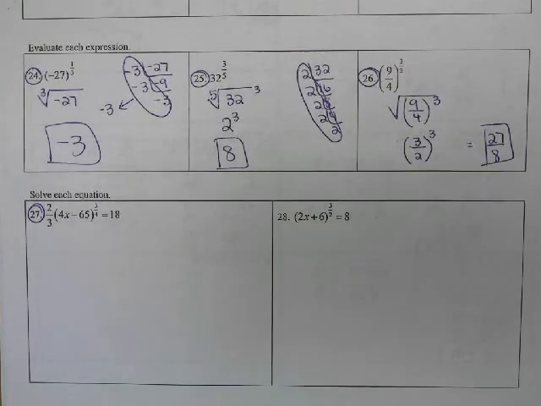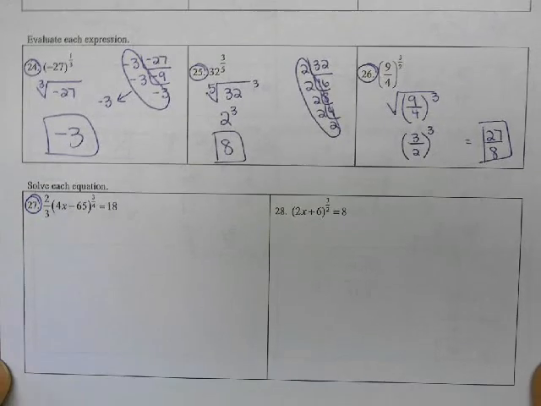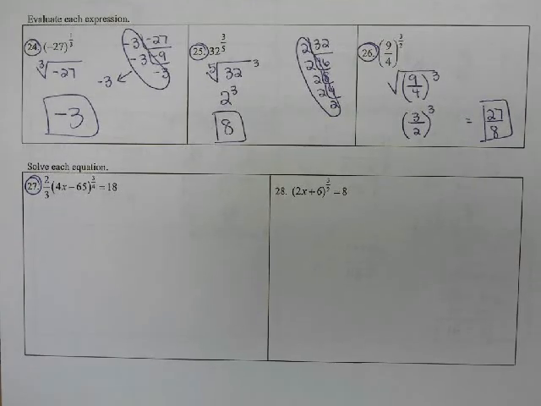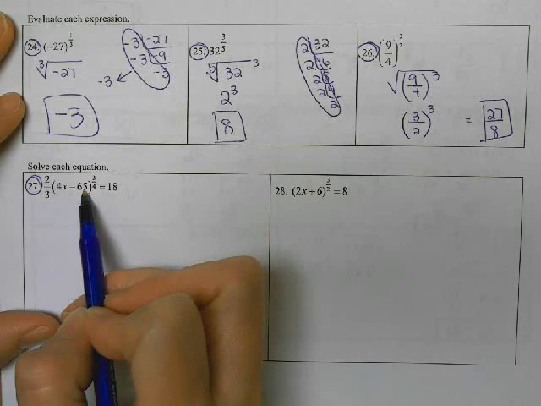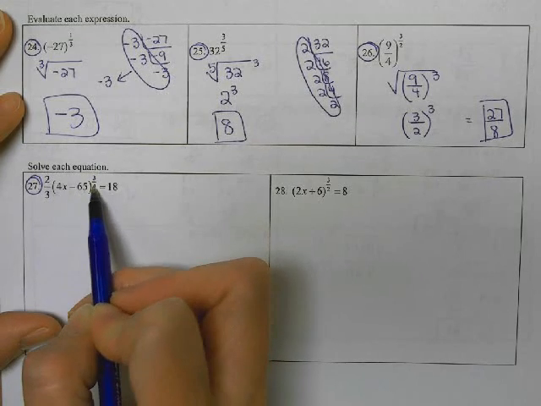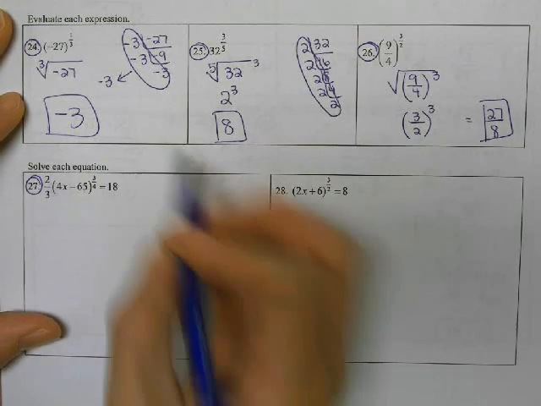Alright, on number 27, now we are solving equations that still are radical equations, but this time they're written with the rational exponent. So I still want to get the base raised to the power by itself on one side, so that I can then take the reciprocal exponent. So right here I have 2/3 times (4x minus 65) raised to the 3/4 equals 18.